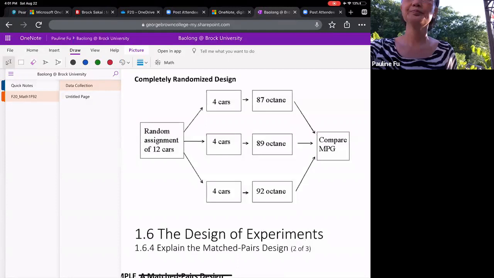And then we record miles per gallon and make a comparison. Because these 12 cars are a sample, you can draw conclusions about the population, all the cars made in that model that year, about their miles per gallon. So that is the completely randomized design.